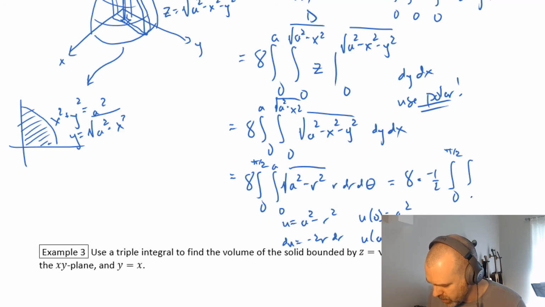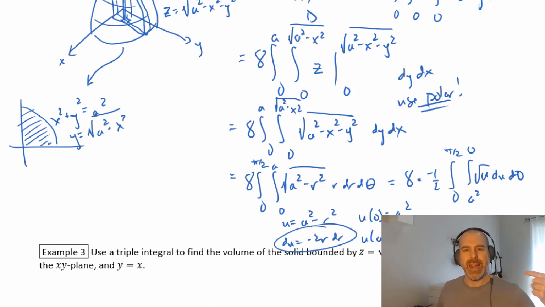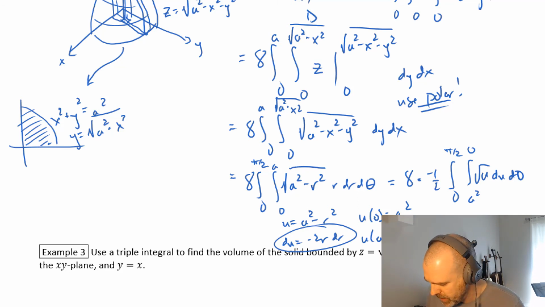Okay, so now this is integral from a squared to 0 of square root of u du d theta. I already took care of the r dr by dividing by -2, so that gave me the -1/2. Okay, that's -4 integral, actually let's make it +4 integral from 0 to pi over 2, and then I'll have u to the 3/2 divided by 3/2, so 2/3 u to the 3/2, and then I'm going to switch the bounds, 0 to a squared, d theta.